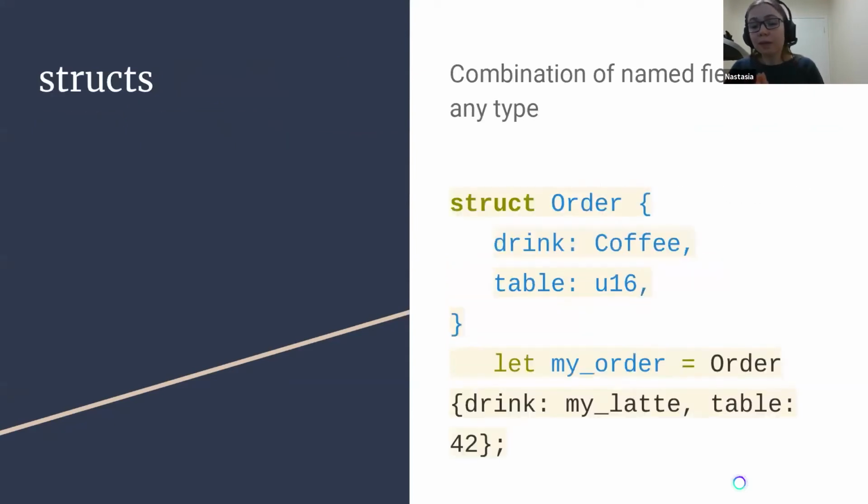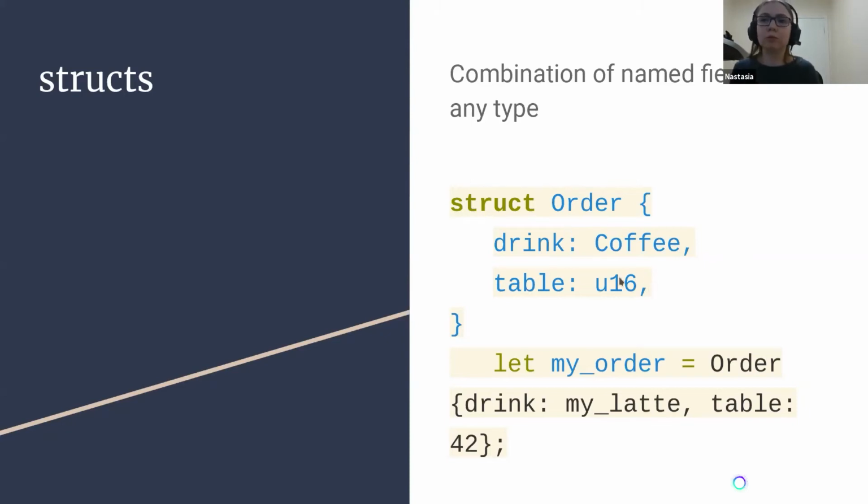Now, the next building block for storing your data is called structs, and it's basically a combination of named fields, which could be of any type. Here, as an example, we can define a struct called Order. So for example, a coffee shop, which is hosting this enum Coffee I've written before. There I can use the enum data type as the data type of one of the fields.